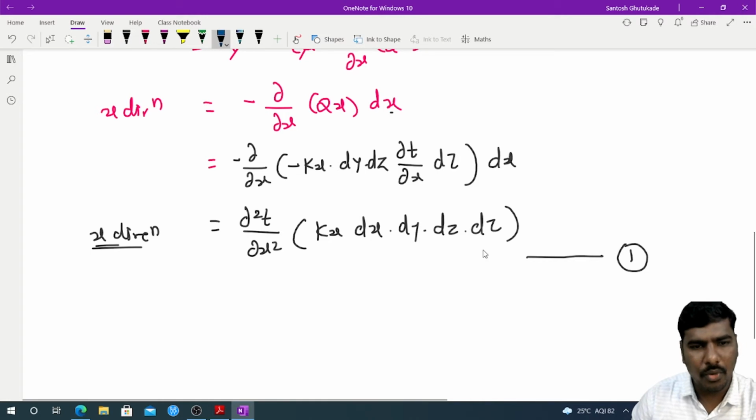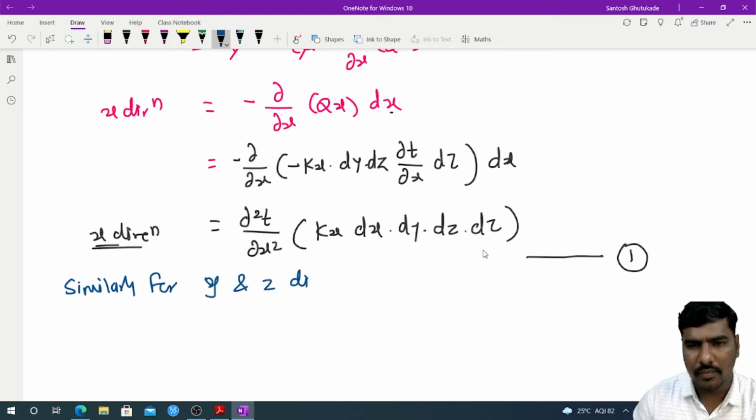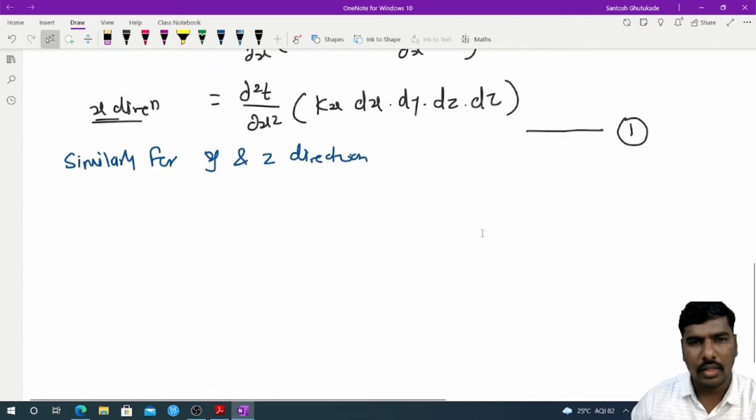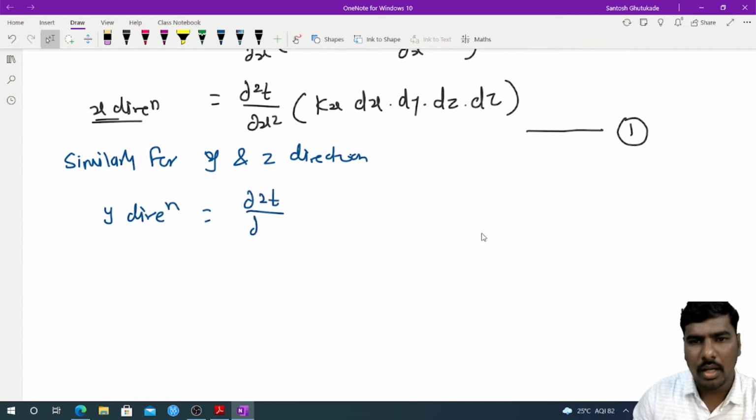Now similarly for the y and z directions. In the y direction, the only change is dou square T upon dou y square, and instead of Kx there is Ky into dx, dy, dz and d tau.